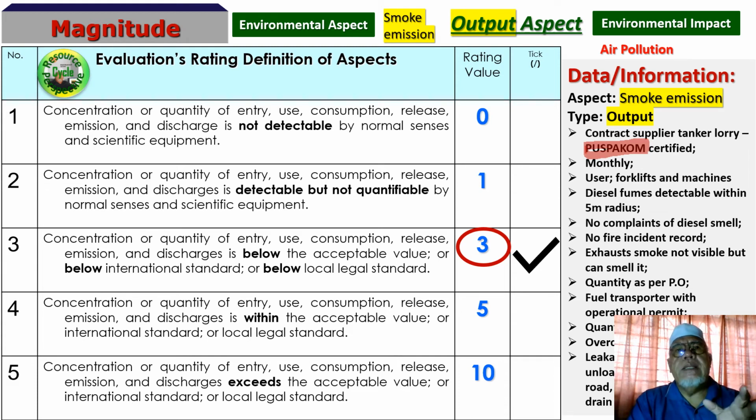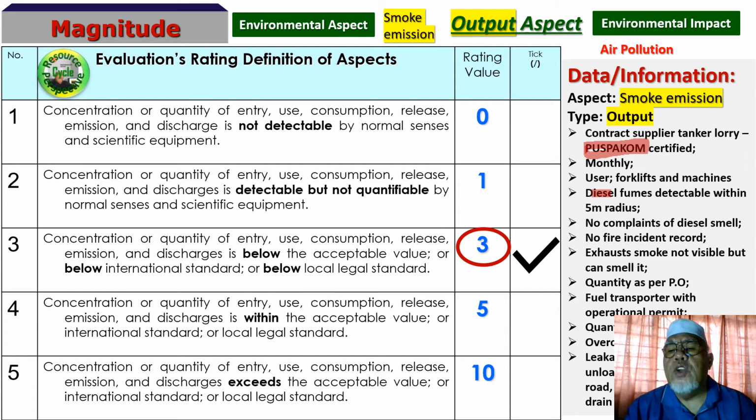Apparently, this particular lorry is certified fit for the road, meaning it passes the smoke test by Puspakom.